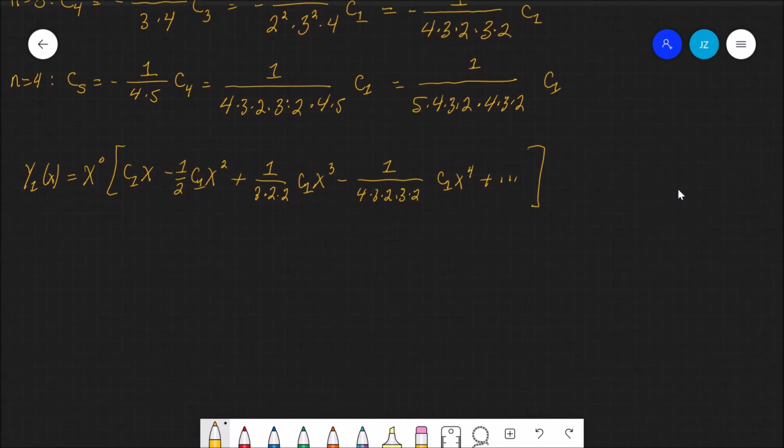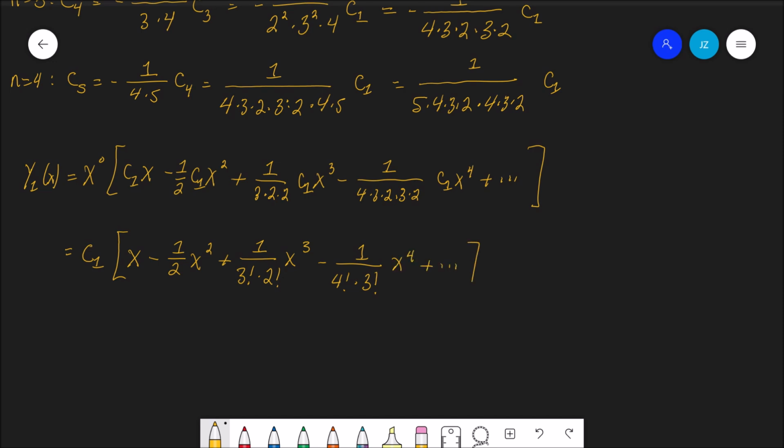X to the 0 is of course 1, so we can factor out that C1, and we're left with x minus 1/2 x squared plus 1 over 3 factorial times 2 factorial x cubed minus 1 over 4 factorial times 3 factorial x to the 4th plus so on and so forth.